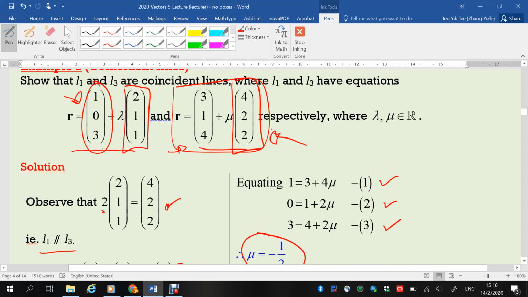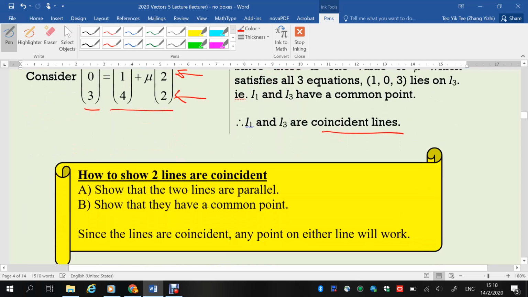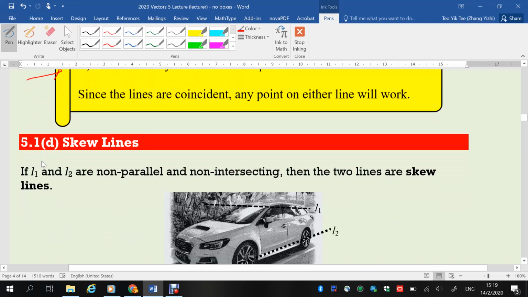Make sense? So if (1, 0, 3) is lying on this line, and at the same time the two lines are parallel, L1 and L3 are actually the same line, or coincident lines. Important thing, remember, if they are coincident, the two lines are parallel and they surely have a common point.